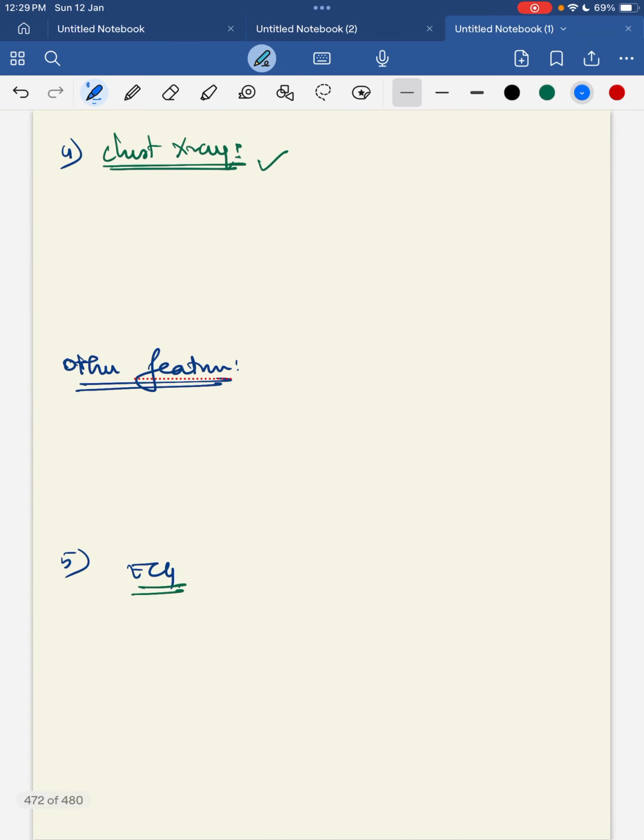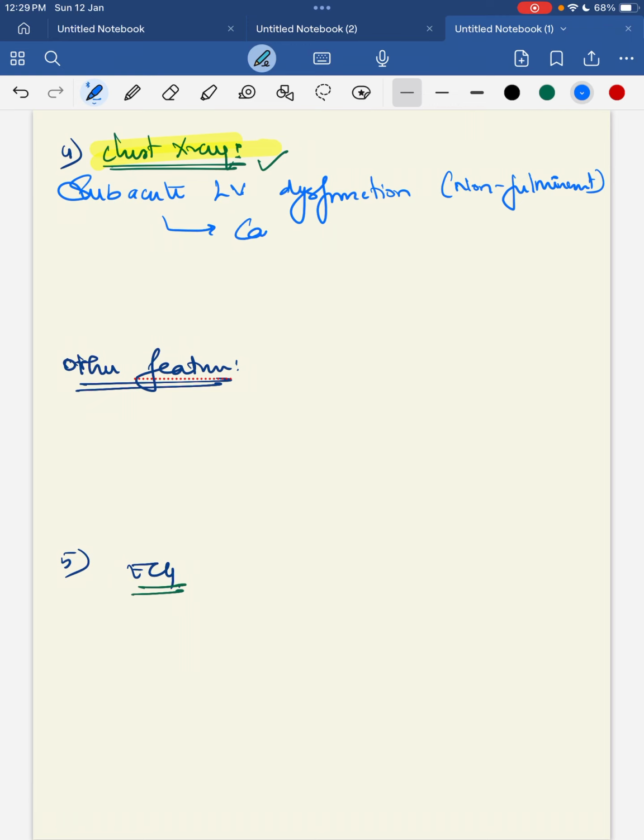If the child is presenting with the features of arrhythmia or acute coronary syndrome, then there won't be cardiomegaly. So other than cardiomegaly, what other features can the child have in myocarditis? Other X-ray findings can be left atrial enlargement. Second will be mild pericardial effusion.